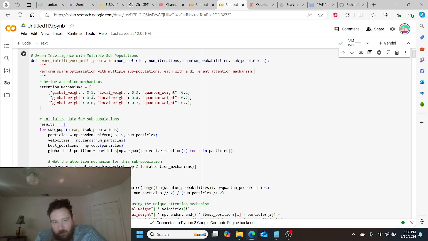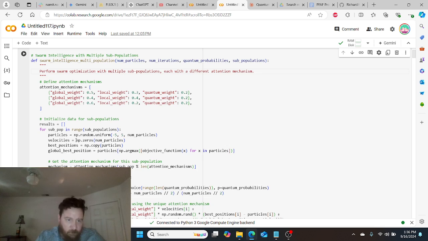The higher the number is, the more the model is going to preference that. So if global weight is 0.6 and local weight is 0.2, it's going to preference the global weight 3 times more than the local weight or the quantum weight, and then vice versa, right? That's how that breaks down, and you can play around and adjust that.